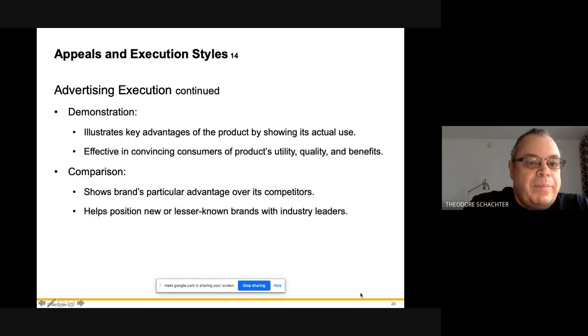So if you say that, then you're combining comparison, Shark versus a traditional vacuum cleaner, and a demonstration. Now a comparison can be done without a demonstration. You can just say a Tesla gets more miles per charge than any other electric car on the market. And you don't have to demonstrate it.